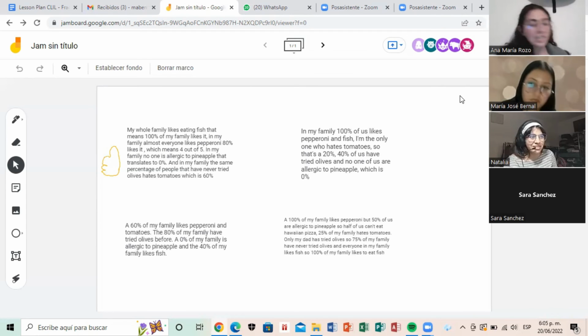Well, but that's not a bad thing. The fact that it's simple is not bad. The one thing that is incorrect is the use of the articles. So a 60%, the 80%. When you use percentages, remember that you don't use the articles. It doesn't matter that it's simple. It's just the articles are not used properly. But that's the only thing.